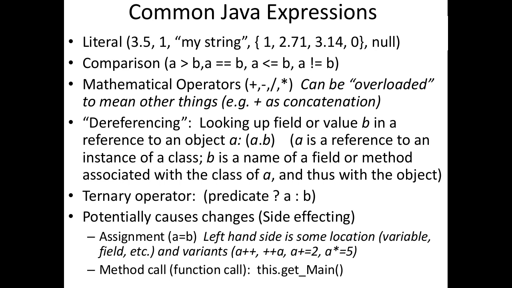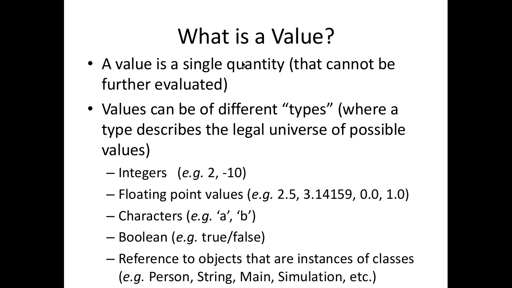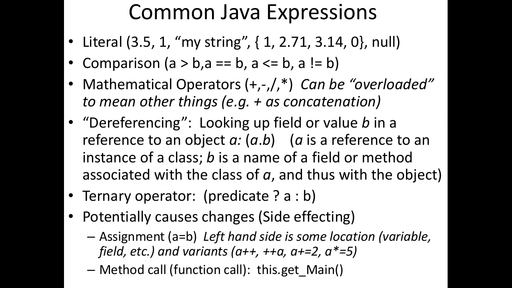Now, with these expressions, there's a little bit more sophistication for some of them. For example, there are some expressions that compute, and an expression by definition computes a value. It computes one of these kind of atoms of information, these quantities that are computed, let's say a number or a reference to a string. But it can also do other things in the process.